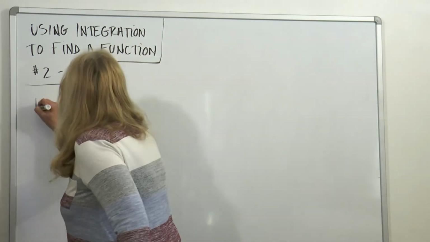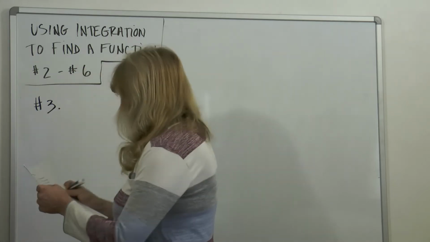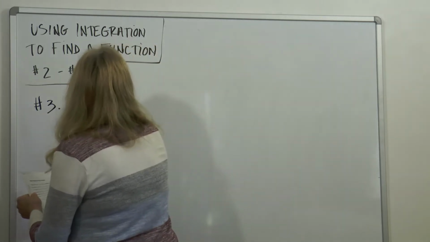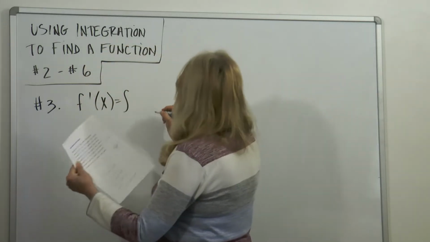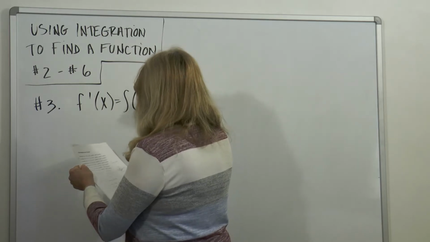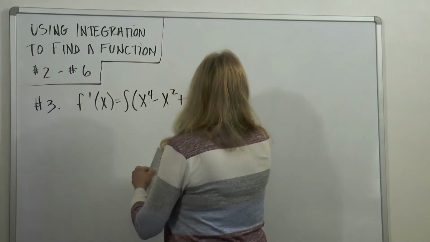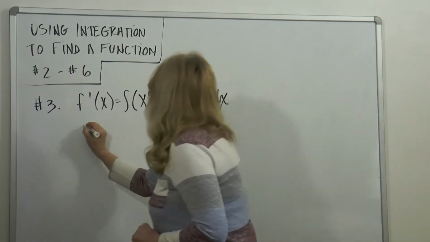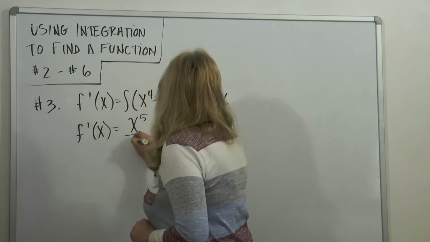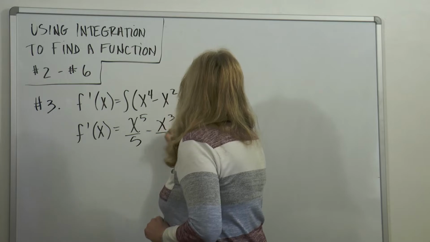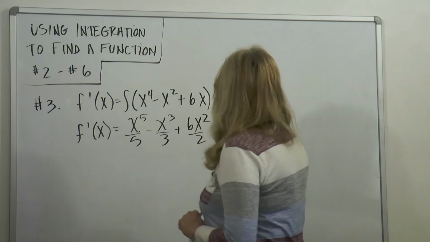Okay. All right. Number 3. Okay. So f prime of x is going to be the integral of f double prime, which hopefully you have because hopefully you tried these yourselves. f prime of x is going to be x to the 5th over 5 minus x to the 3rd over 3 plus 6x squared over 2 plus c.